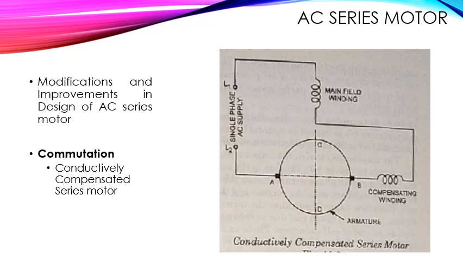The second modification is, in order to reduce the reactance of the series field, AC series motors are built with as few turns as possible. Fewer field turns per pole means lower flux per pole, which improves the commutation by reducing the transformer EMF in the commutation coils.